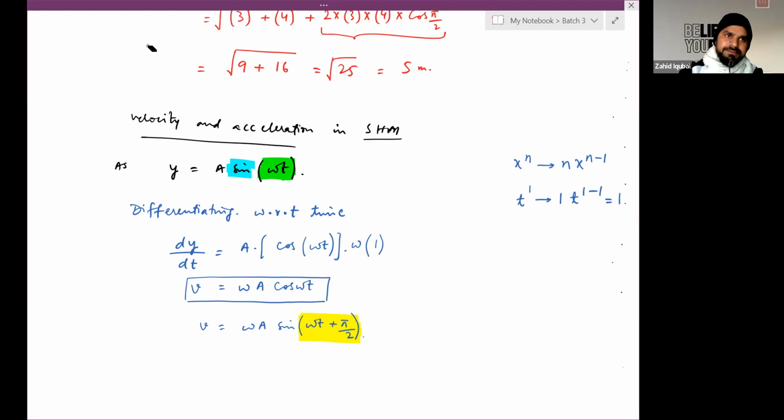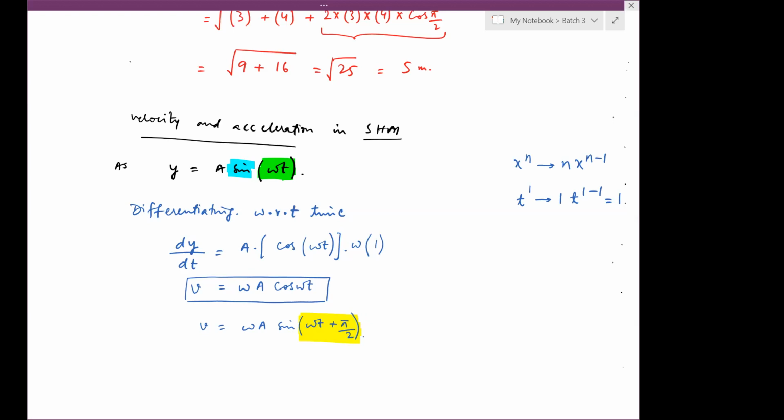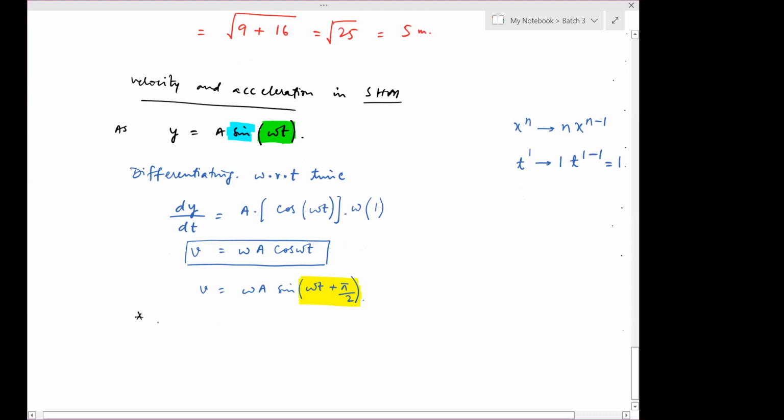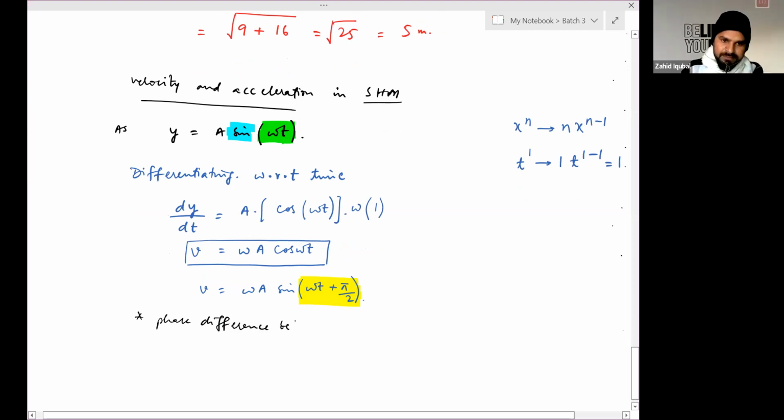Riba, is it clear? Yes, sir. Phase difference between displacement and velocity is pi by 2.